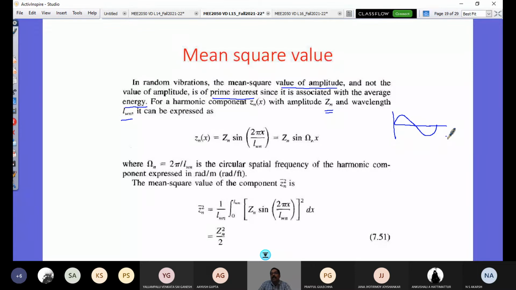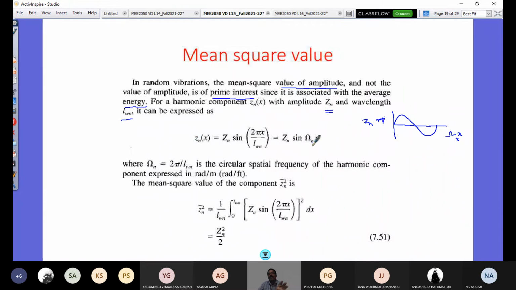This is omega into x, and this is my amplitude, Zn. I multiply omega by x, I get this. So this is the function. You see here, this is 2 pi x by L omega. So 2 pi by L omega is the spatial frequency. So I had in the earlier case road profile as function of wavelength.